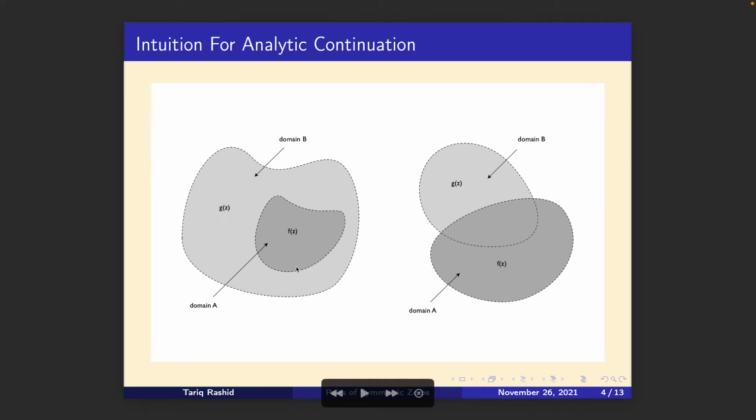That's the intuition. And in fact, we can extend the idea where if domain B doesn't actually completely encompass A, but overlaps it sufficiently, again, we'll define sufficiently next time, you can see that if in this area, this intersection, this overlap, the two functions agree absolutely, then g is a continuation of f.